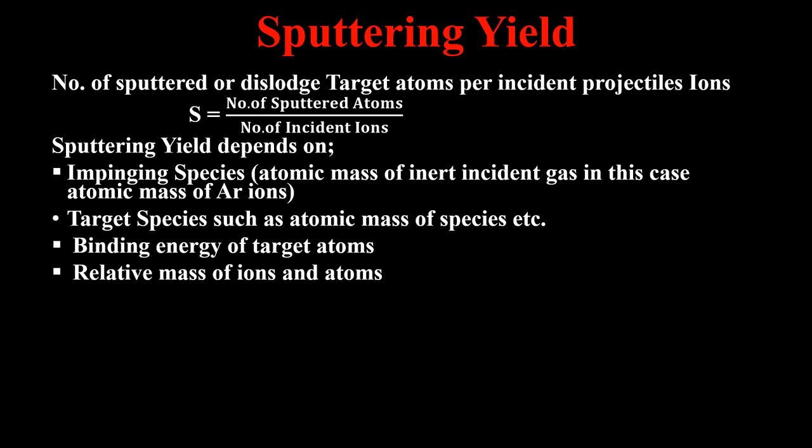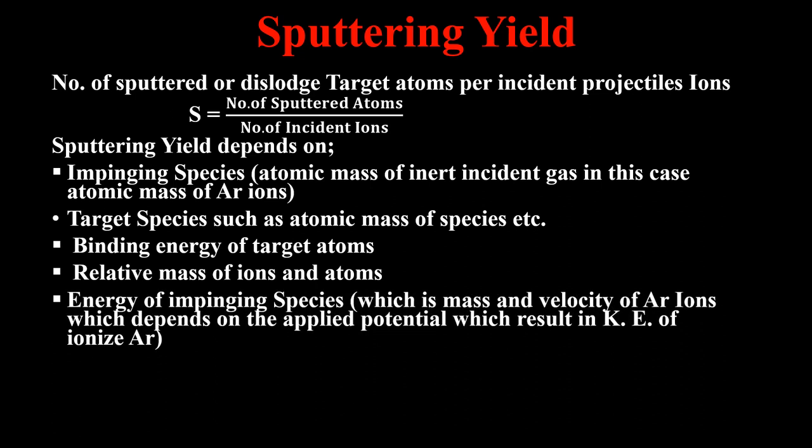The relative mass of the ions and the atoms of the sputtered species also matters; the yield depends on both. Then there is the energy of the impinging species, which is the mass and velocity of the argon ions. Energy is a very important factor.